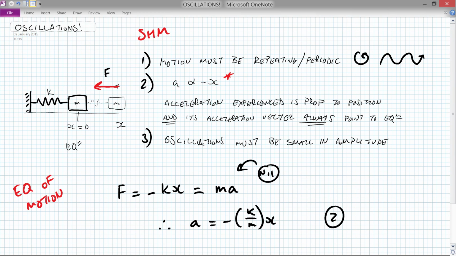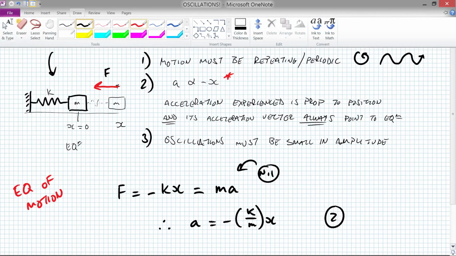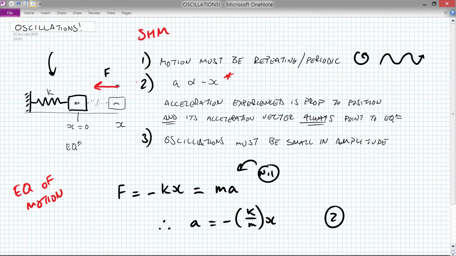So we know that this setup will follow SHM as long as I'm within the proportional limit of my spring. So there you go, first really simple equation of motion, and I'll put a little box around that because that's quite neat.